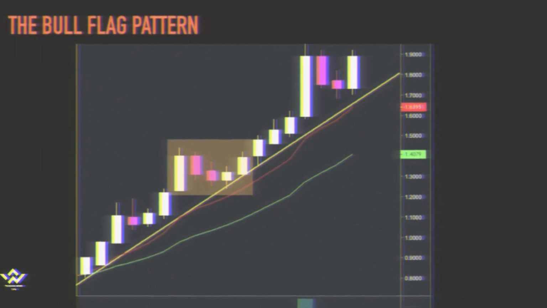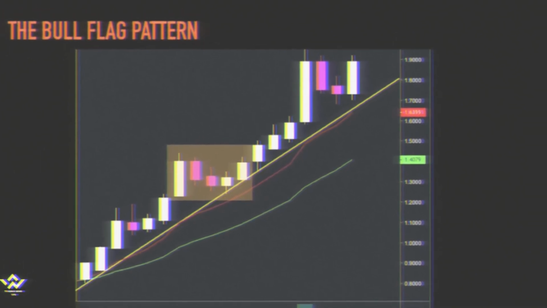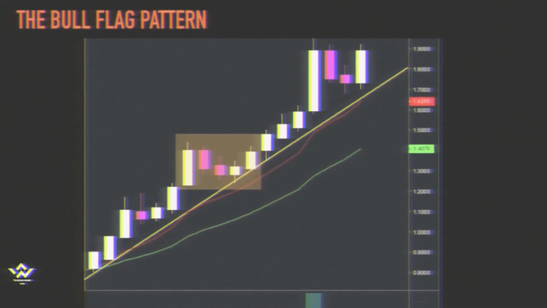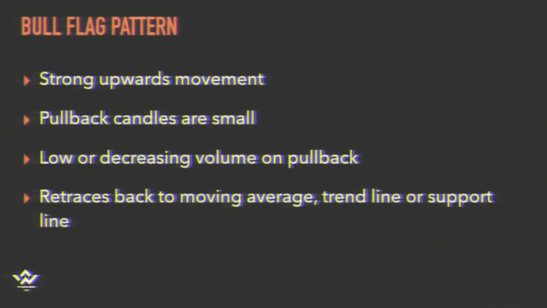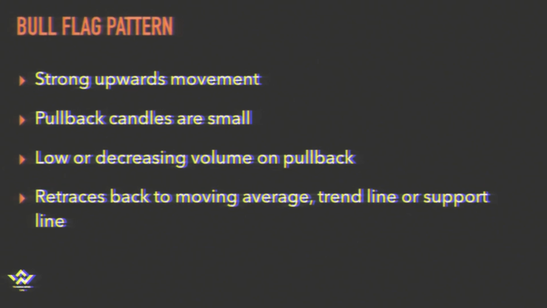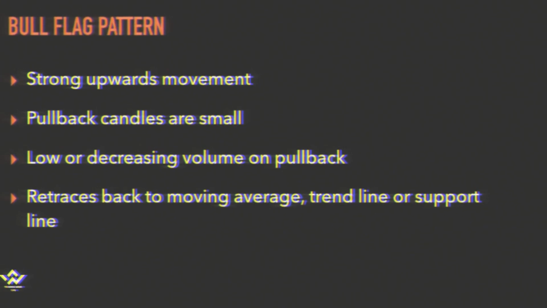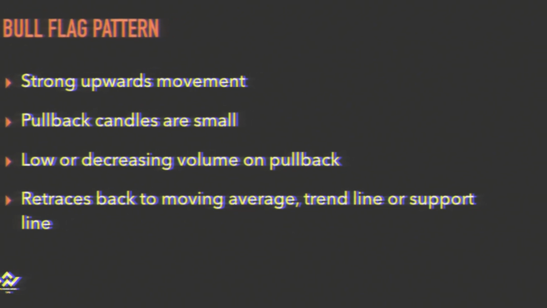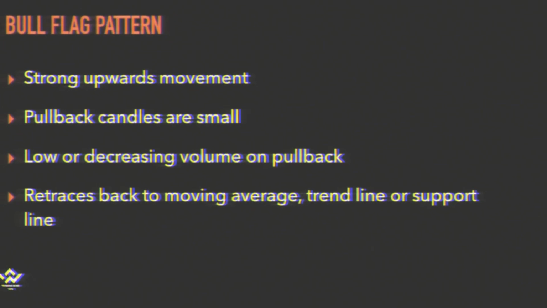We would then initiate a buy position once we have confirmed that the pullback has completed and the move will resume back up. One way to look for high probability bull flag patterns is to look for stocks that have made strong moves up and then have small pullbacks on light volume towards one of the market structures just mentioned.